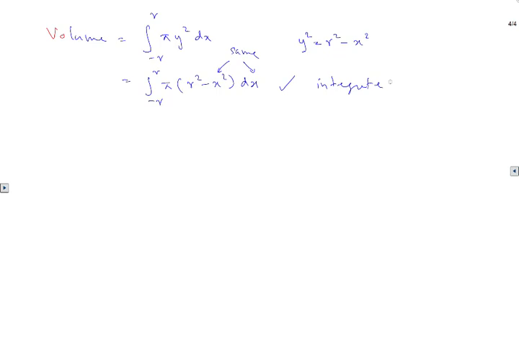Okay, now this is a very simple integral. You can integrate this term by term. So you're going to get pi times, what's the integral? r is a constant, so it's r squared x minus x cubed over 3, and then you evaluate from negative r to r. Let's plug that in.